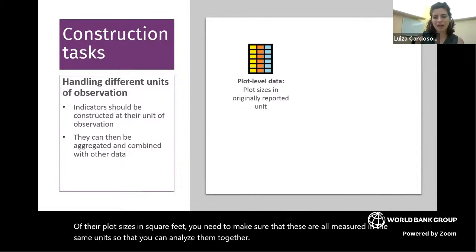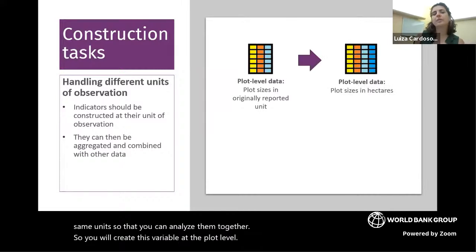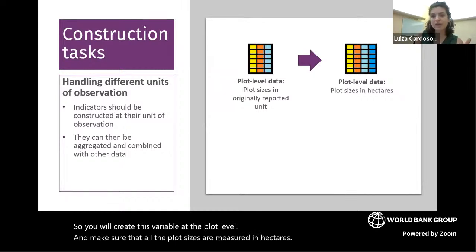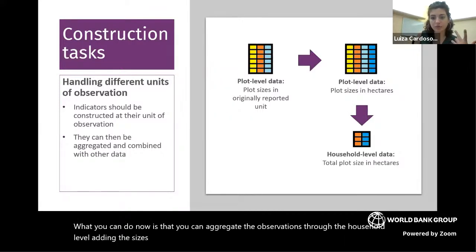So you will create this variable at the plot level and make sure that all the plot sizes are measured in hectares. What you can do now is aggregate the observations to the household level, adding the sizes of all plots that belong to the same household.